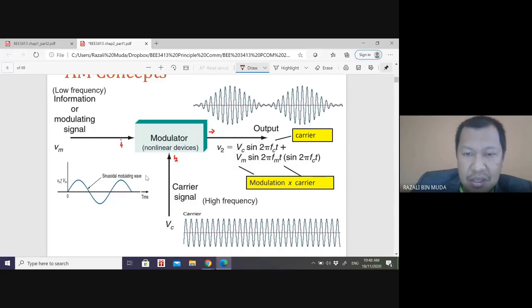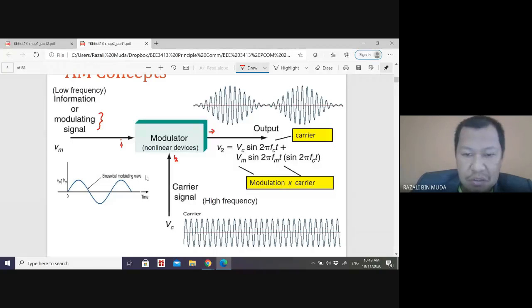Okay, so the first input is information or modulating signal. Kita sebut dia kan. So modulating signal or information is a low frequency signal. The second input is the carrier signal, which is a high frequency signal.